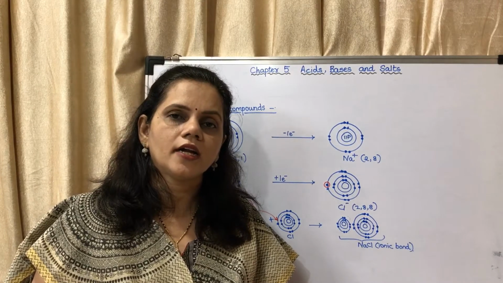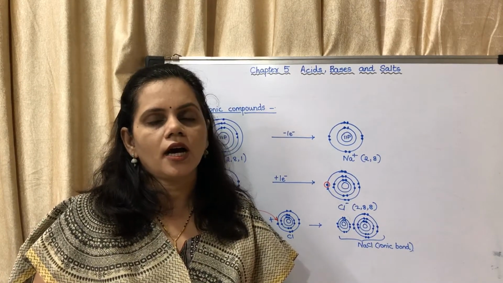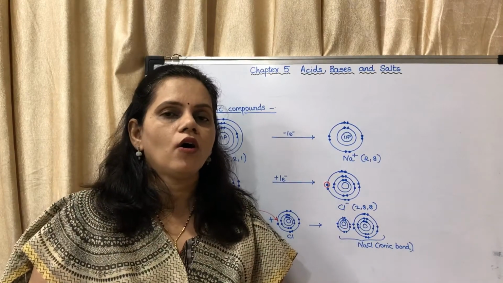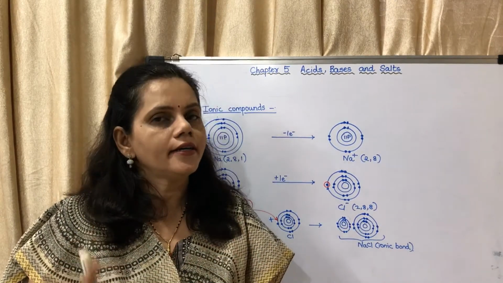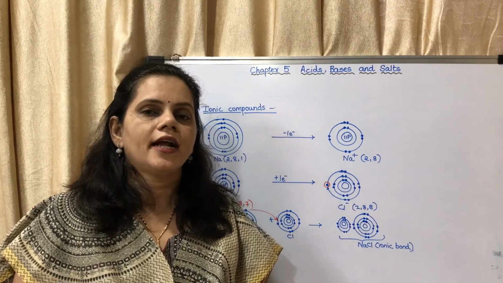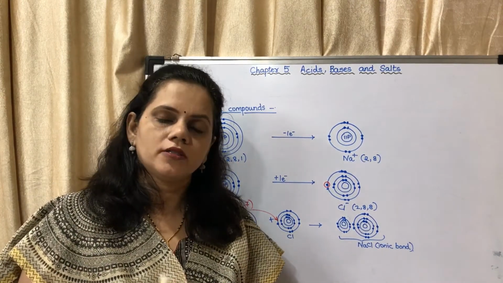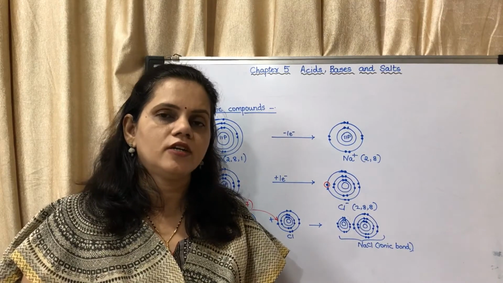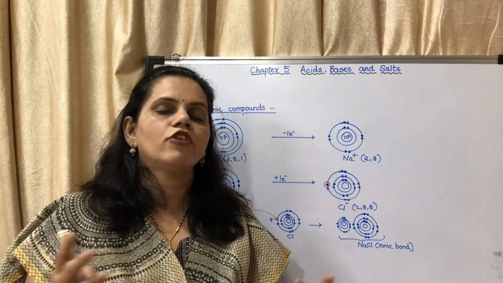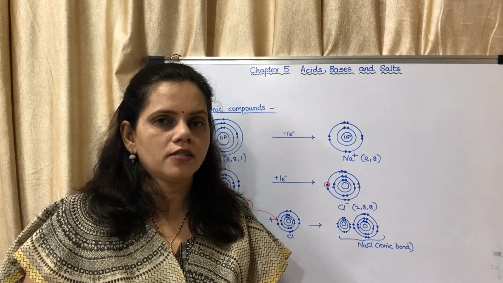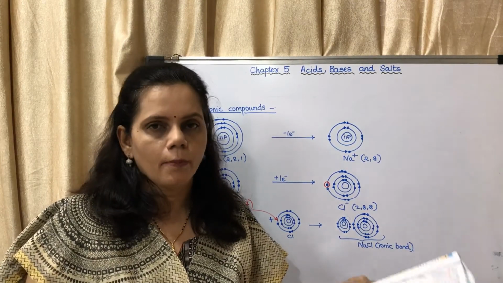So what are ionic compounds? Ionic compounds are compounds formed by bonding together of a positive ion and a negative ion. That means a positive and a negative ion combine together to form an ionic compound. And what is the bond between the two ions? The bond between the two ions is called an ionic bond.